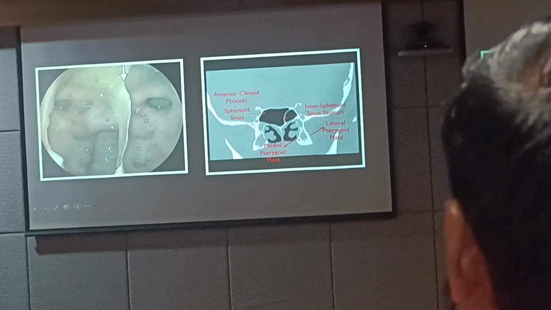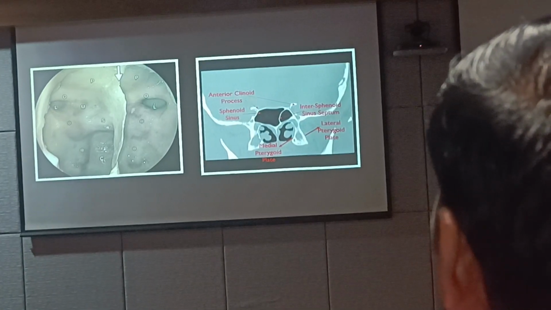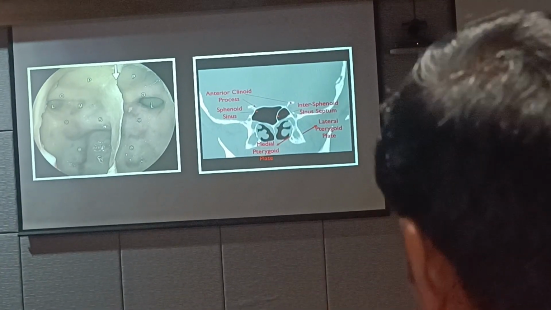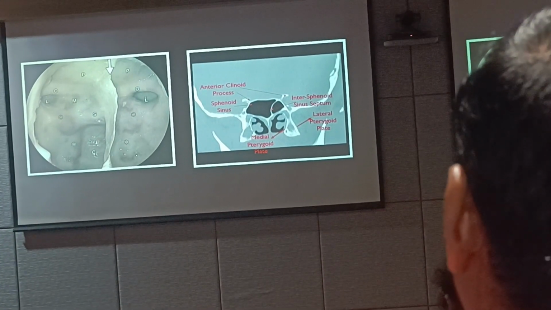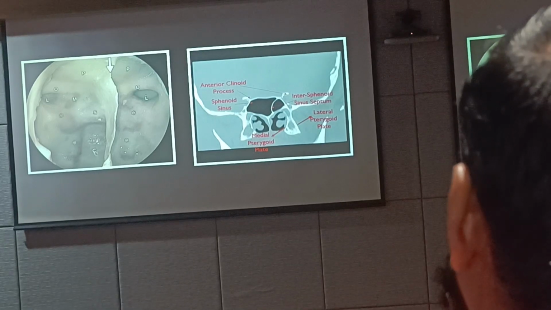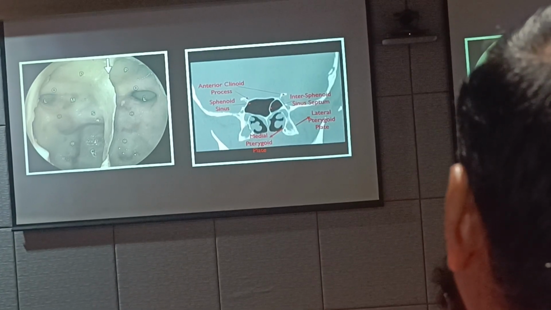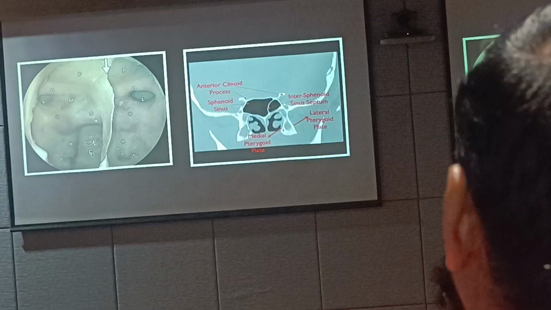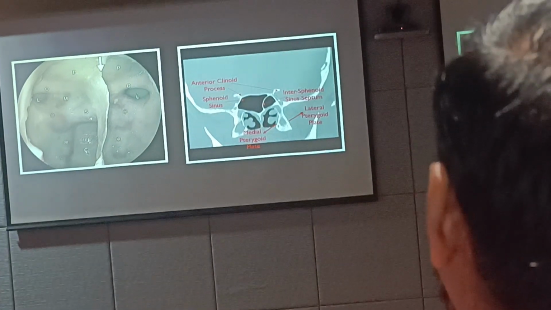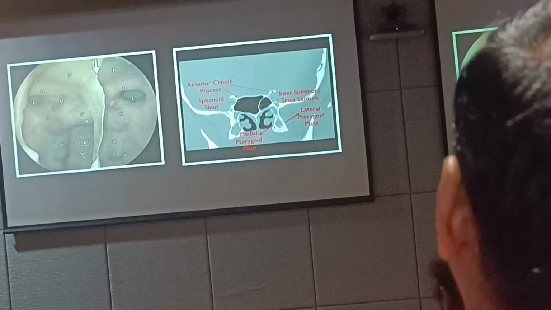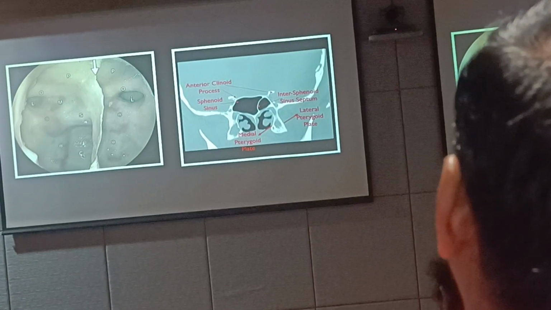I'm just using this as an example. The sella is like a bulge. The junction where this starts turning anteriorly will be the planum, that is the sella. The junction there is the tuberculum. So it's not exactly like this, it's something like this. So this will be the sella, this will be the tuberculum, and this will be the planum.